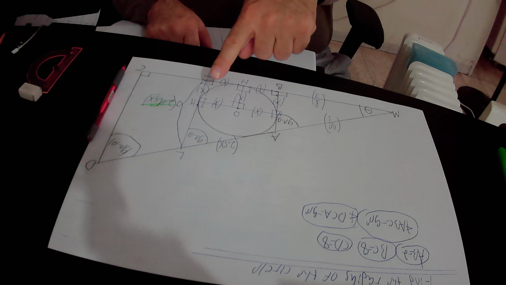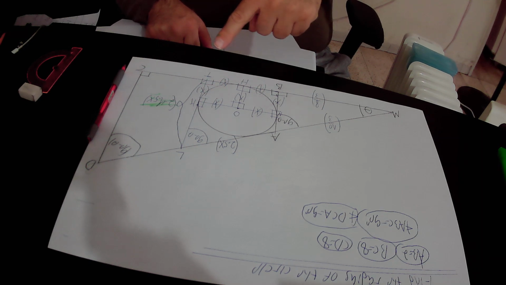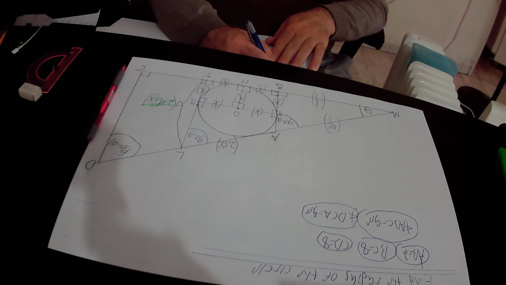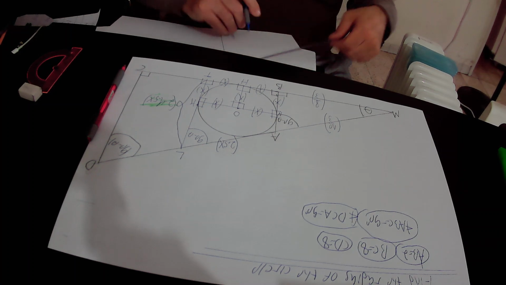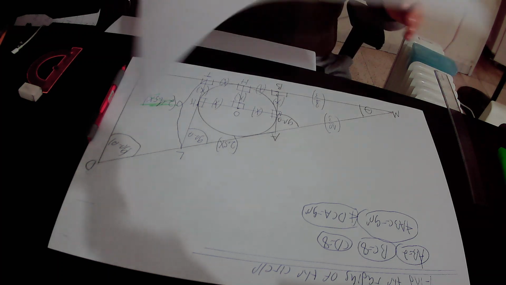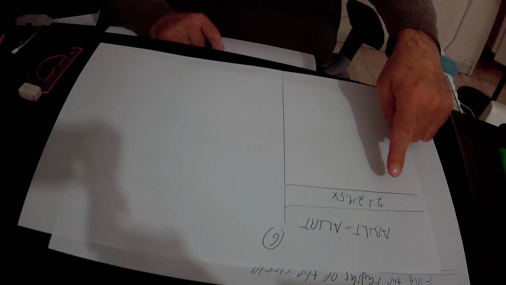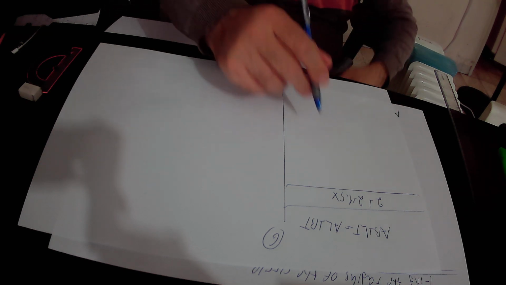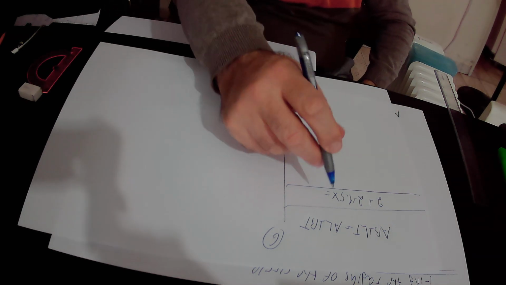We have already found out that line segment LT equals 2 plus 1.5x, so we substitute LT by 2 plus 1.5x, and it is also equal to AL.